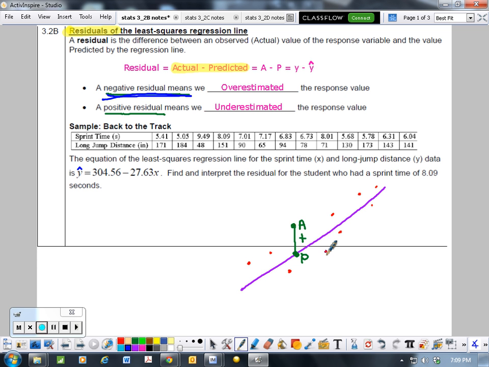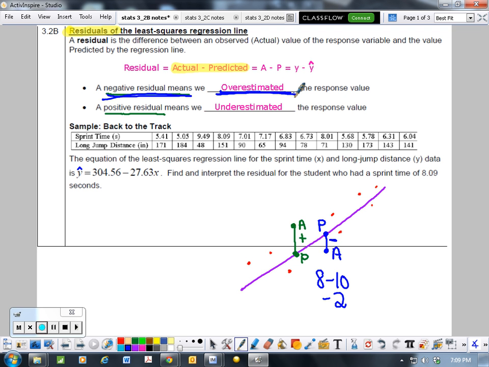Here's what actually happened, and here's my predicted. Because my actual number is lower, because it's below the line, it's a negative residual. If I were to take this lower number and subtract a higher number, like 8 minus a higher number, I would get a negative residual value. That means we overestimated, because my predicted value was over what that actual point is.